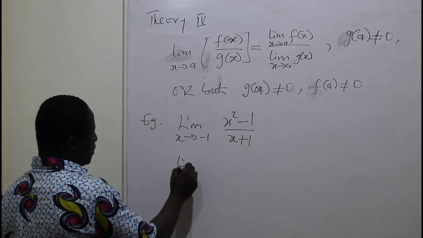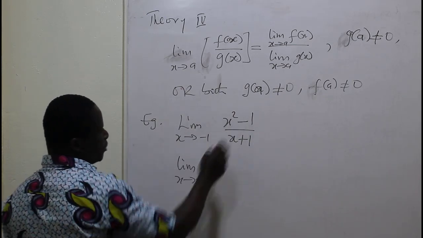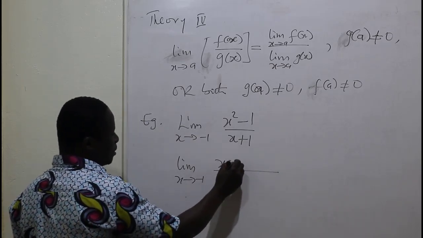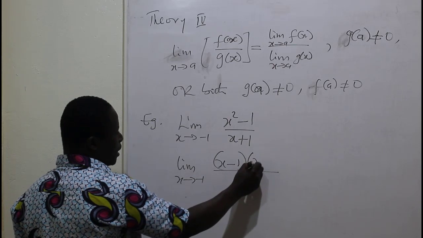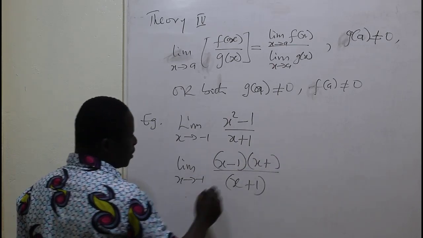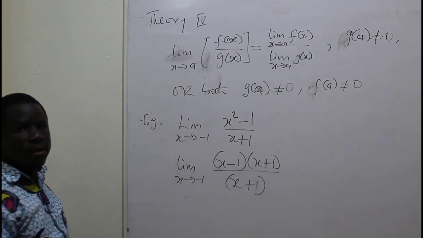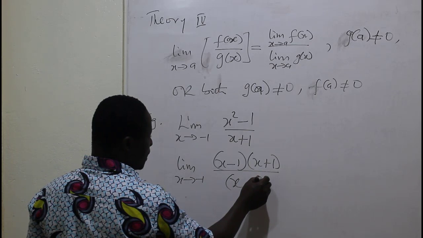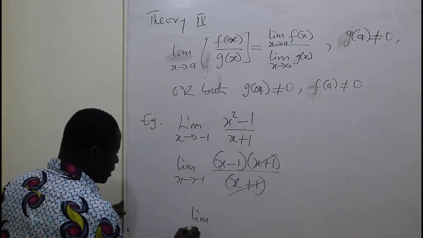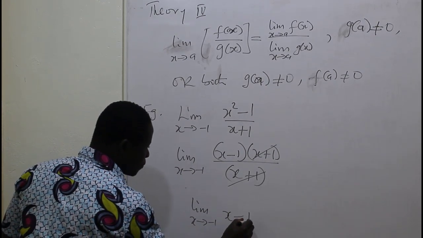So we have the limit as x is approaching -1. The numerator is a difference of 2 squares, so it has factors x minus 1 and x plus 1, over x plus 1. Then common factors will cancel out: x plus 1 cancels x plus 1, and we have the limit as x approaches -1 of x minus 1.